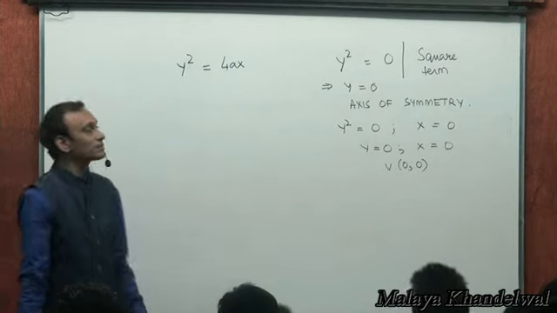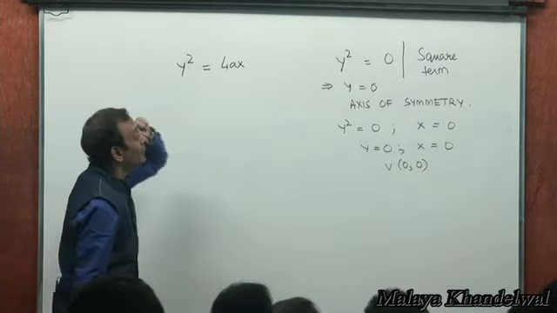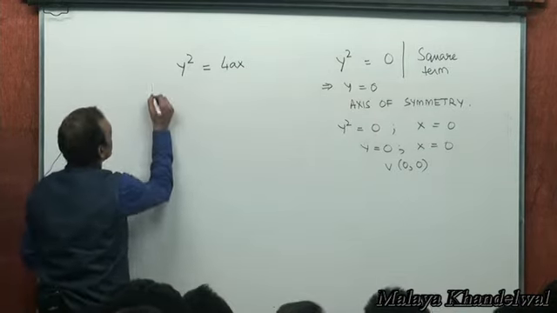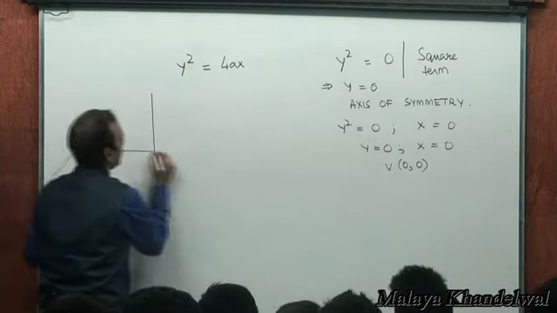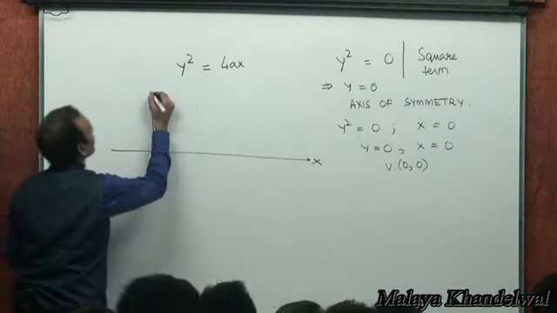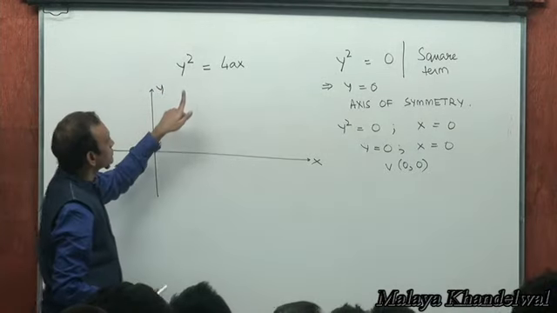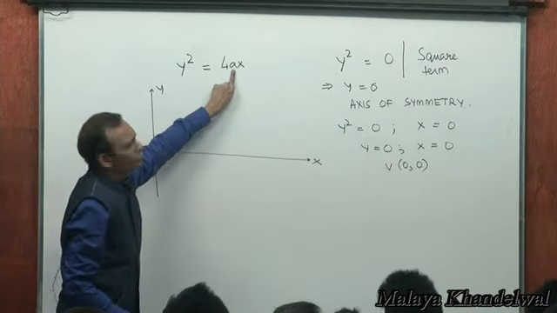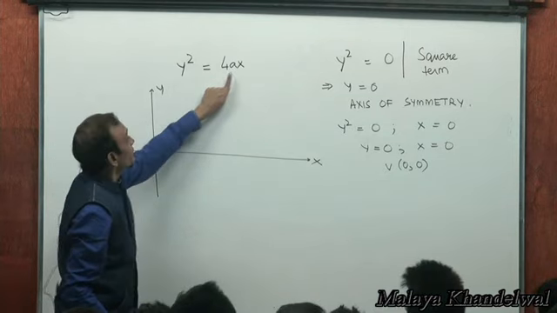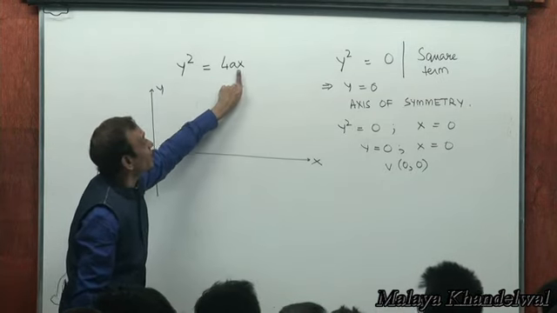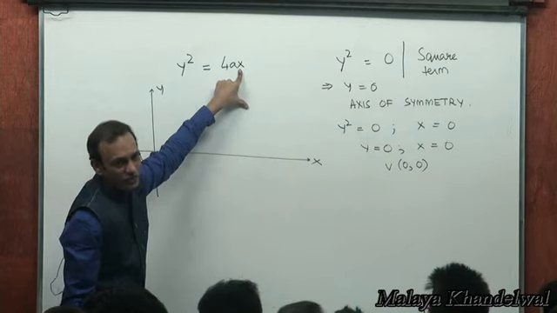Now in this case, for a parabola of this kind, see, for any (x, y) on the parabola, if a is positive, then for (x, y) to be a point on the parabola, x would have to be greater than or equal to 0.